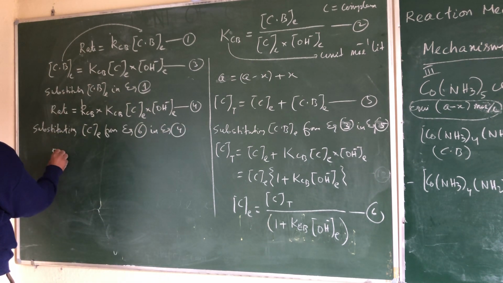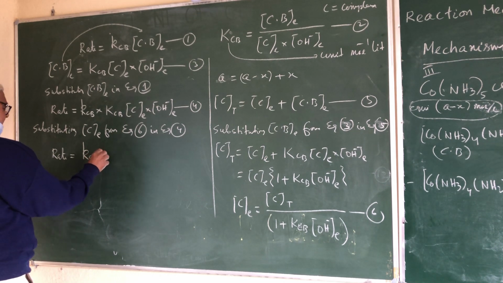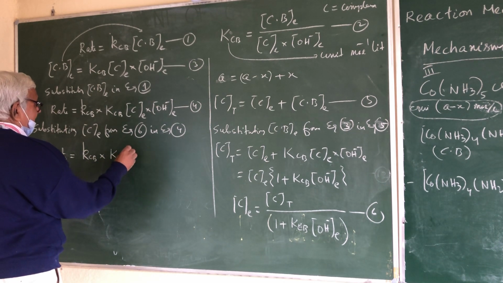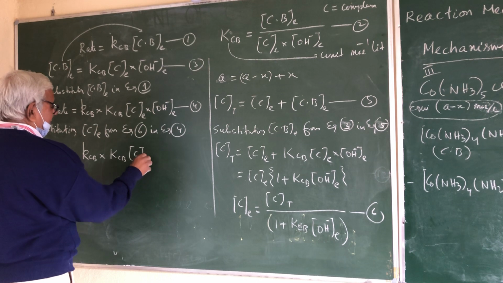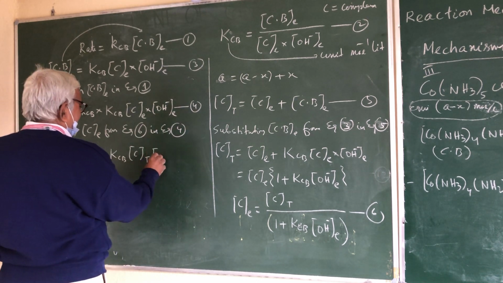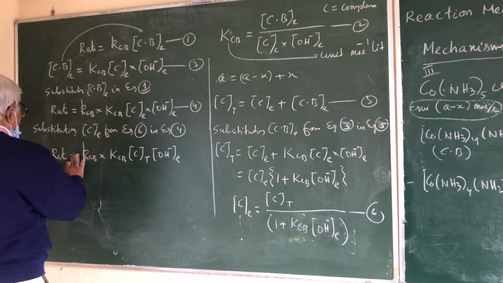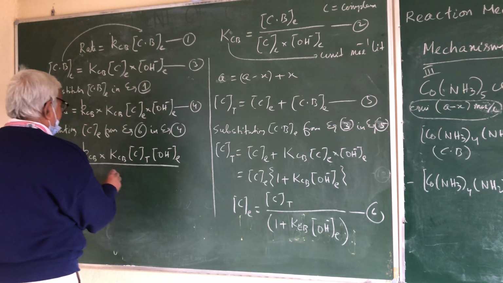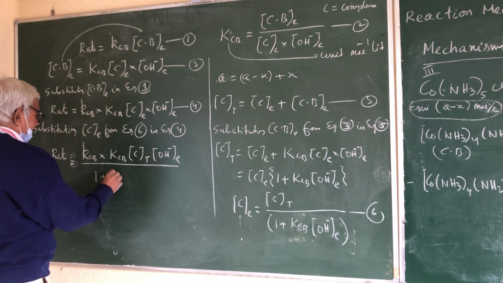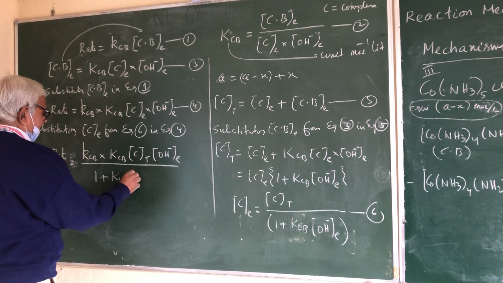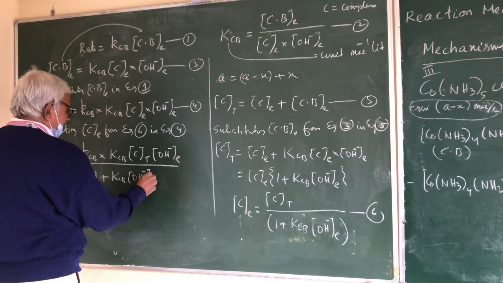You get rate equal to KCB into KCB, complex total into hydroxide equilibrium, by 1 plus KCB into hydroxide equilibrium.